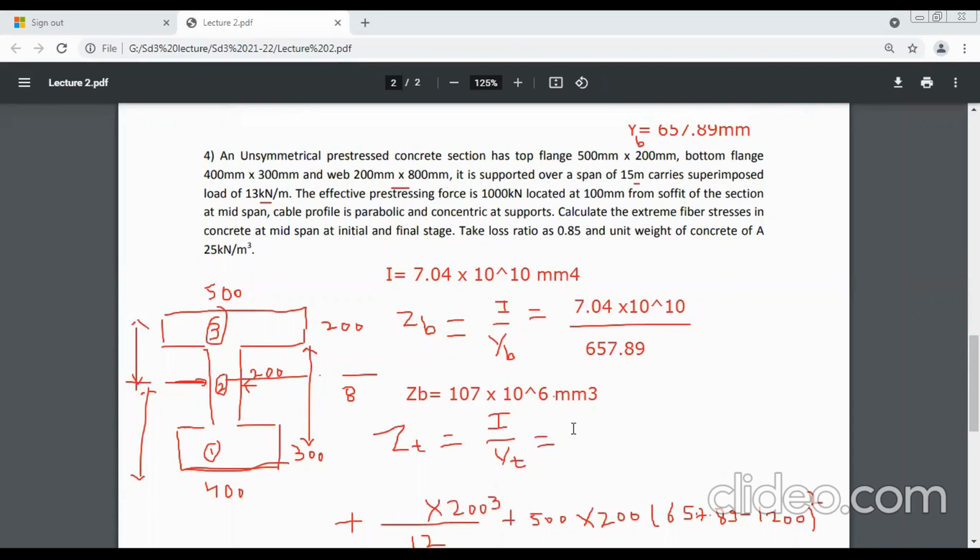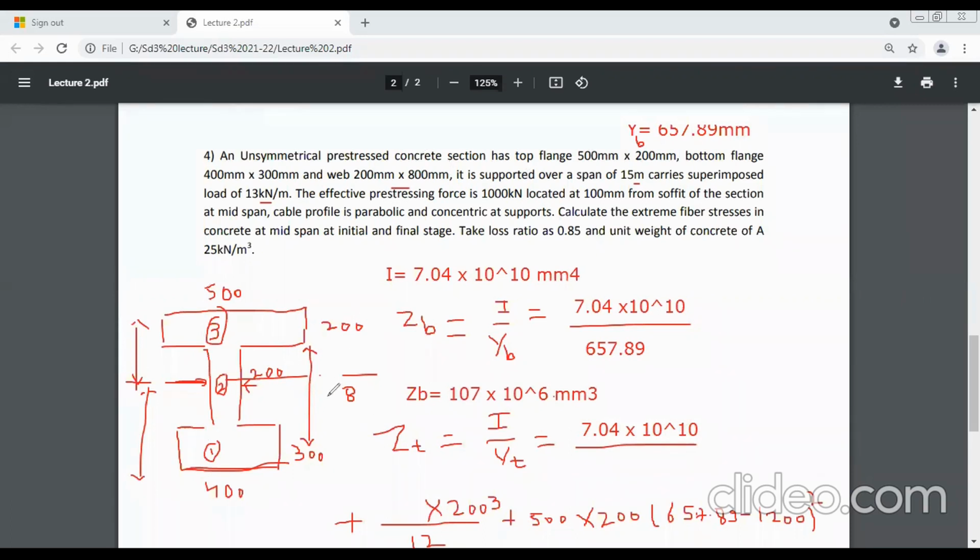I is 7.04 into 10 raised to 10. So now how much is YT?